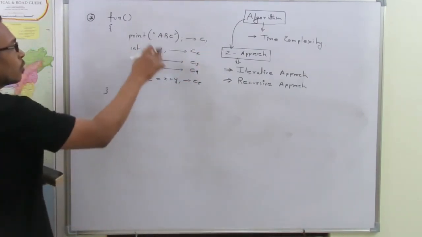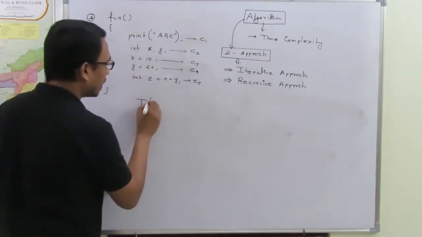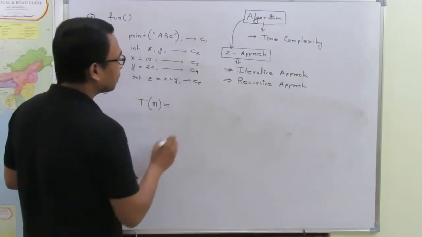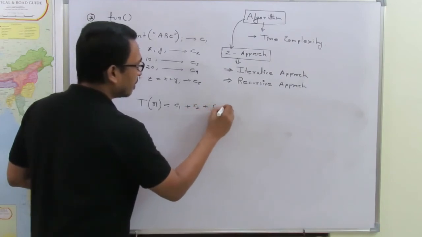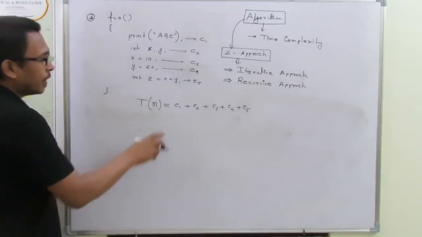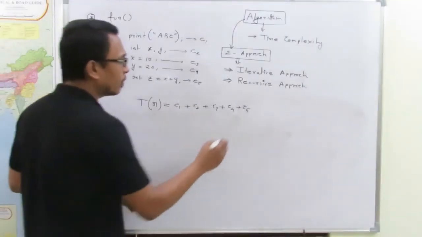So what is the total time taken by this particular problem? That is, total time T(n) is C1 plus C2 plus C3 plus C4 plus C5. Now if we add all the constants, again we will get a constant only.